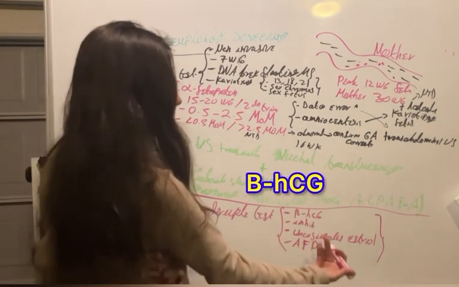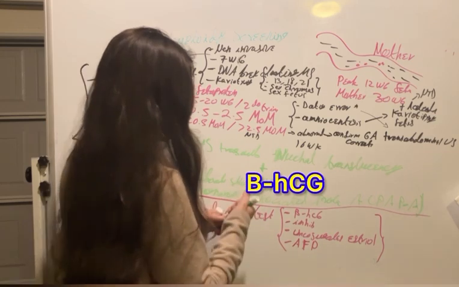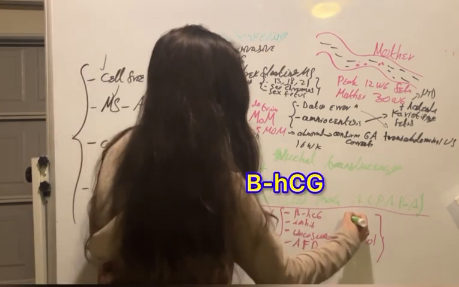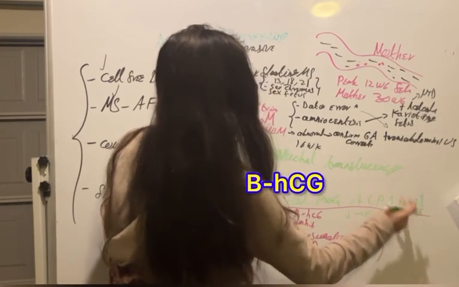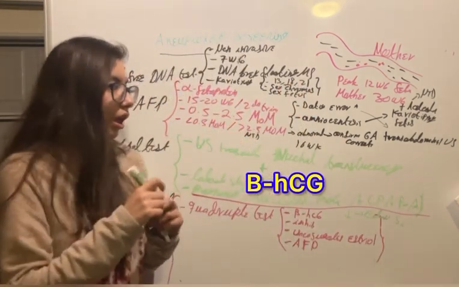For example, if all of these values are decreased, this suggests Edwards syndrome or trisomy 18.